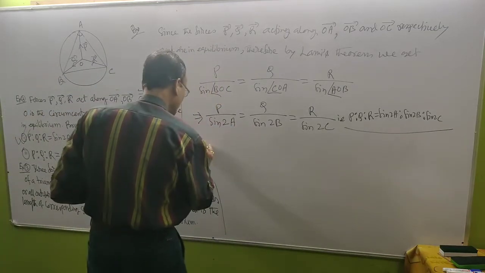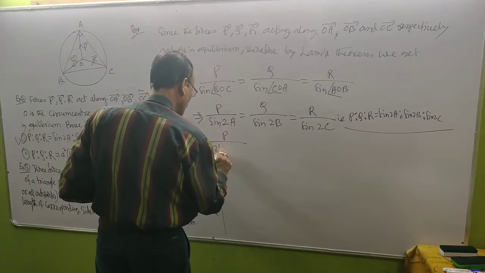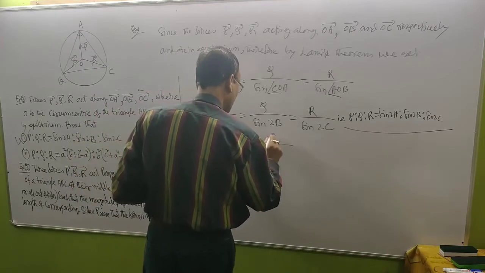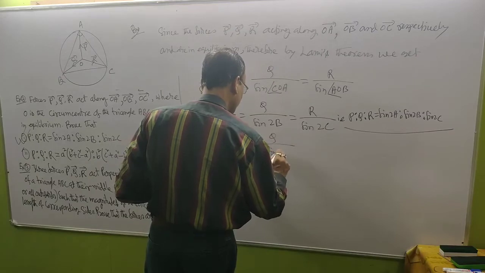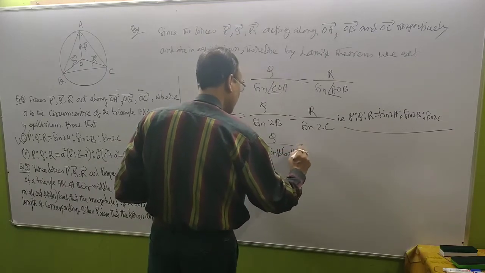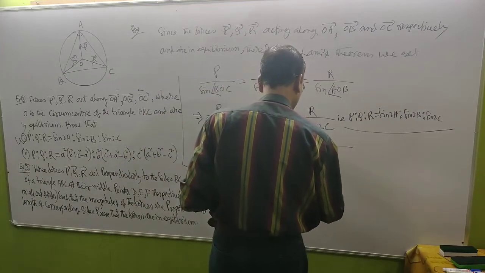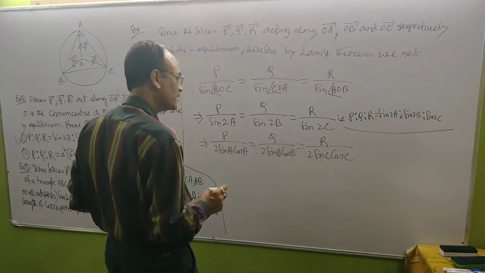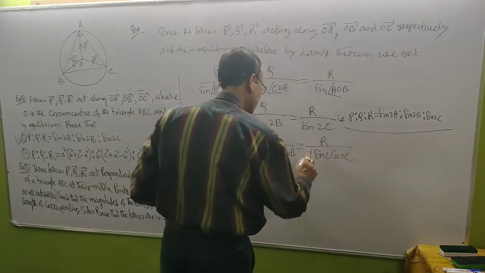Now from this you may write P by 2 sine A cos A equal to Q by 2 sine B cos B, equal to R by 2 sine C cos C. The 2 will be cancelled.